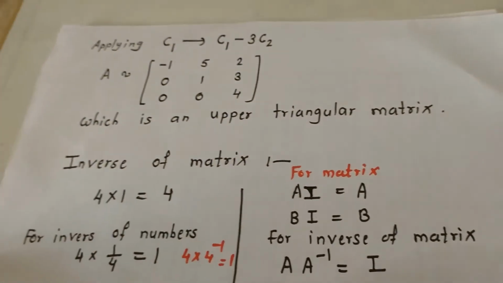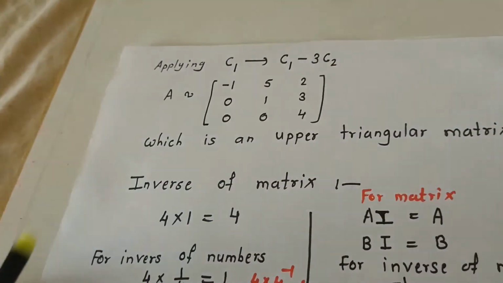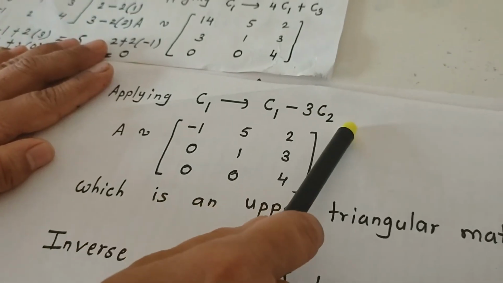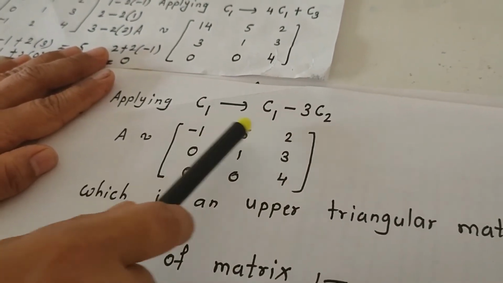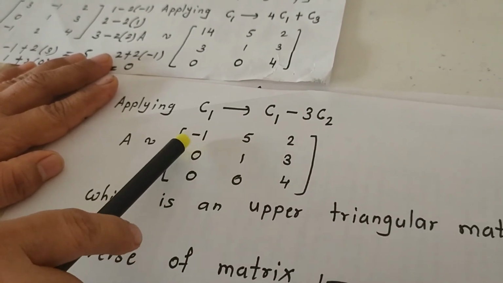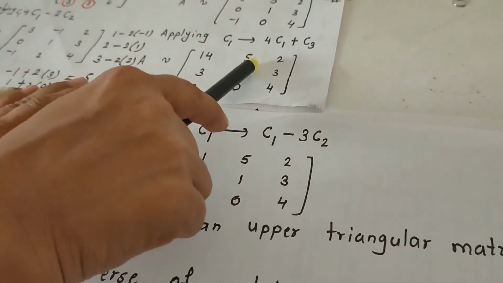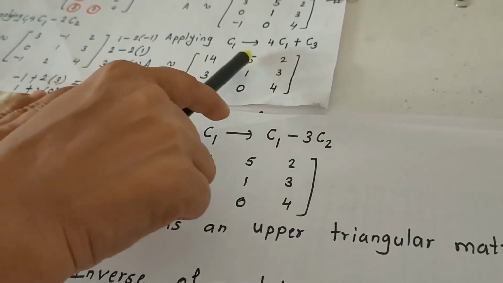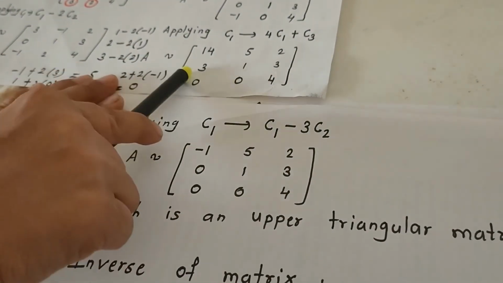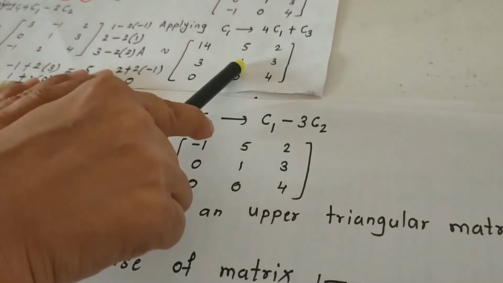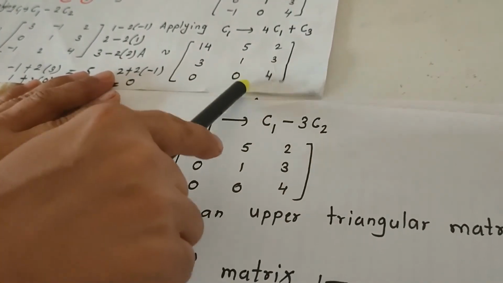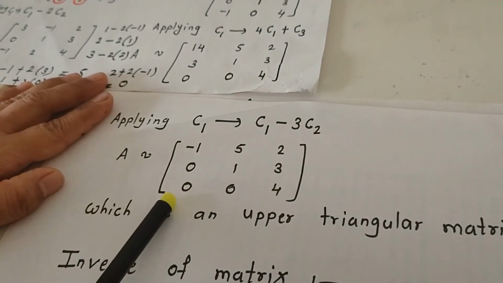So the next transformation is C1 minus 3C2. Then we get changes in C1: 14 minus 3 into 5, 14 minus 15, minus 1. 3 minus 3 into 1, 0. 0 minus 0, we get 0.